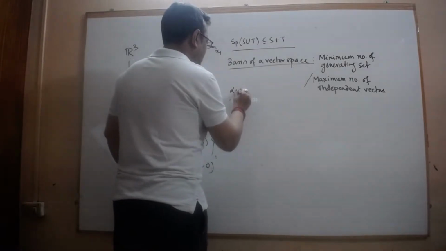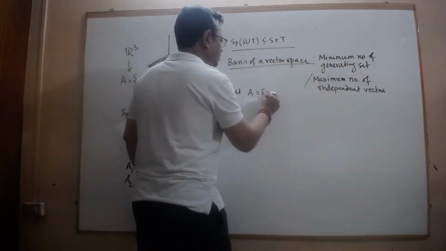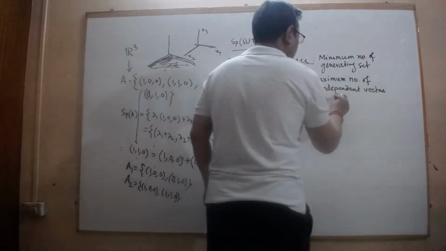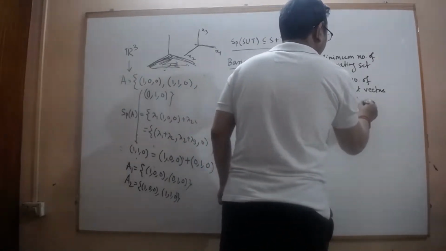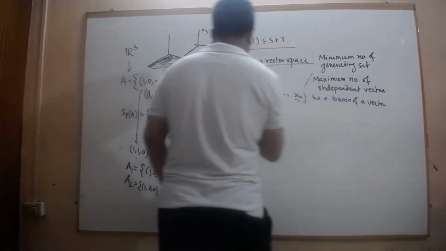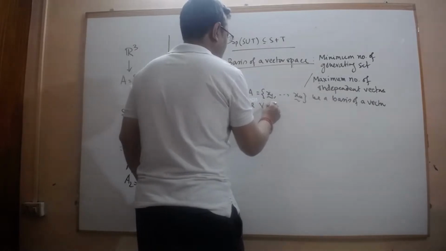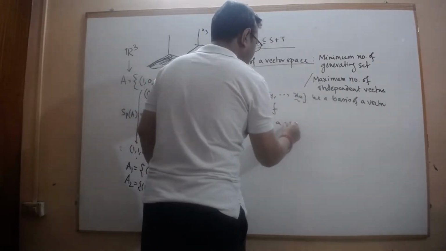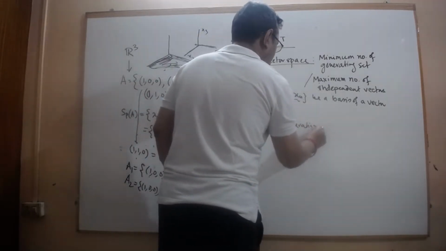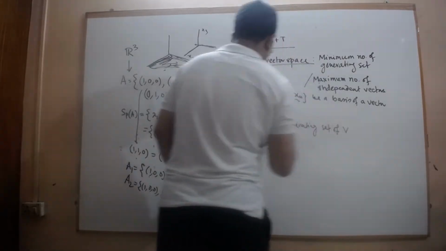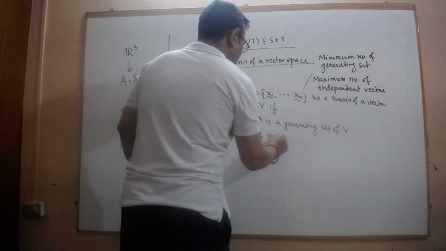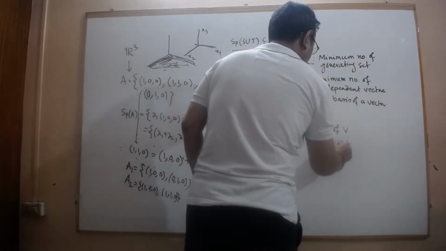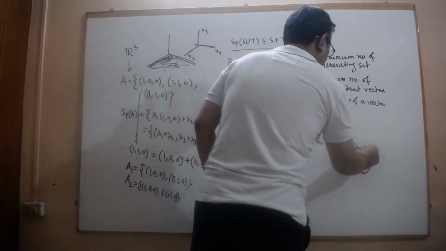Let the set A, which is a collection of elements, be a basis of a vector space V if one, A is a generating set of V, and two, A is a set of linearly independent vectors.